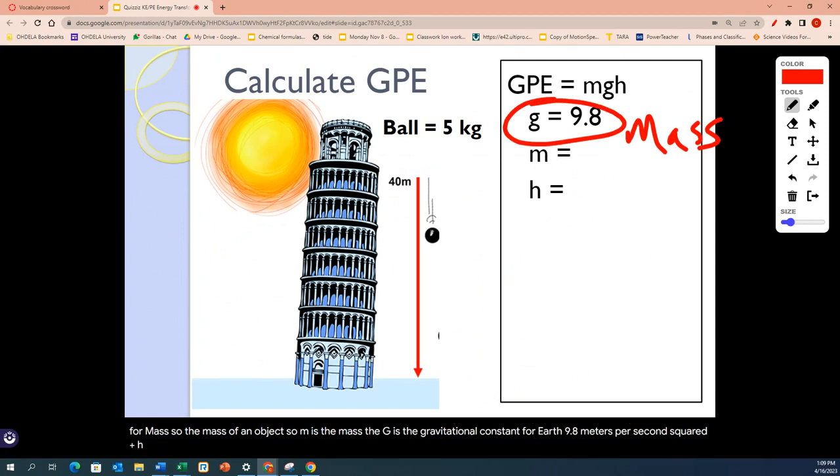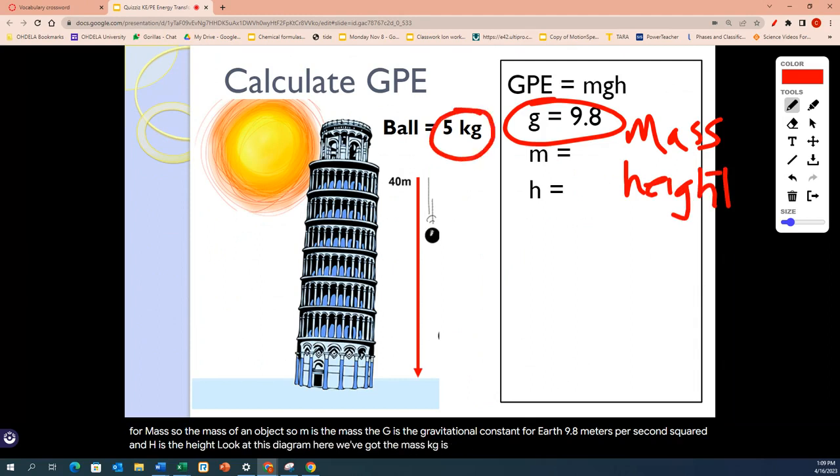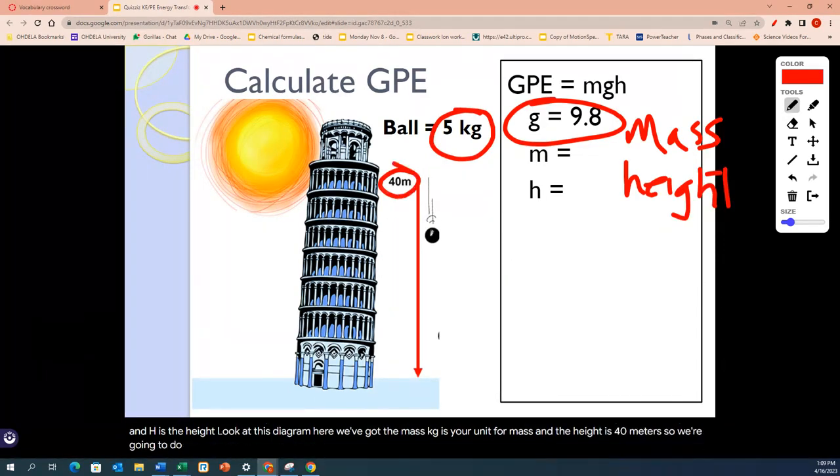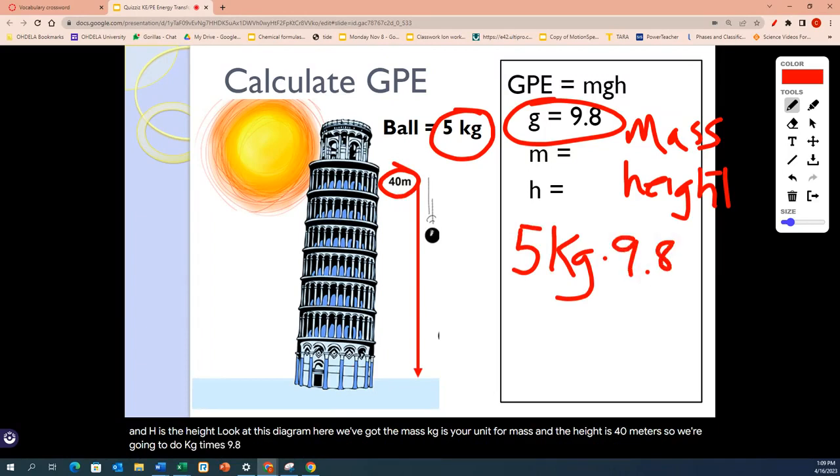And H is the height. So let's look at this diagram here. We've got the mass, kilograms is your unit for mass, and the height is 40 meters. So we're going to do 5 kilograms times 9.8 times 40 meters. And that'll give us a joule.